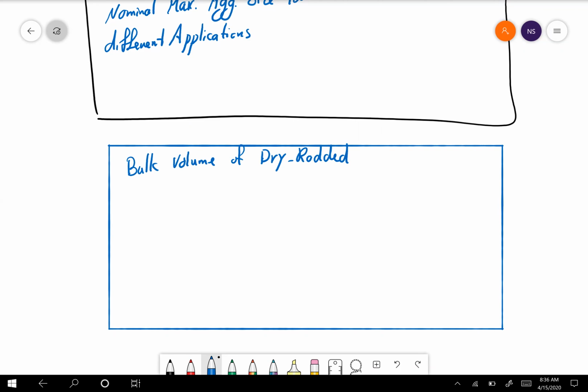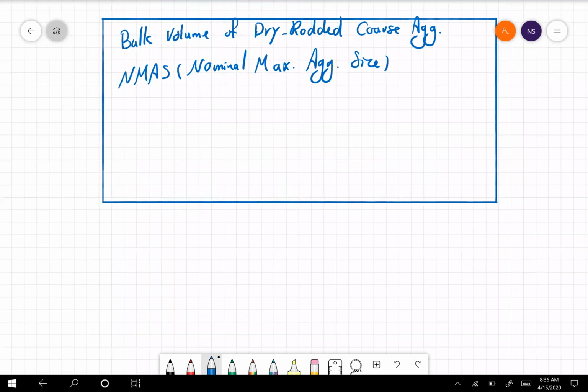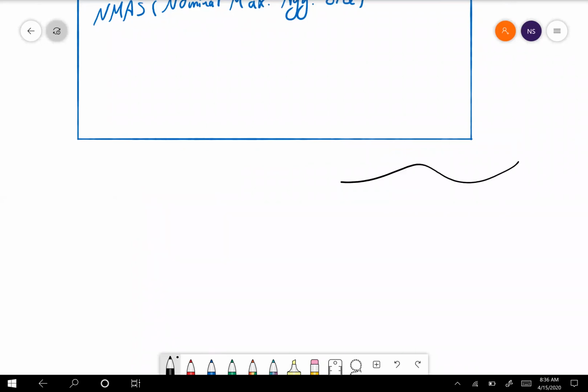It is based on the NMAS, or nominal maximum aggregate size. So I'm going to insert that over here as well.